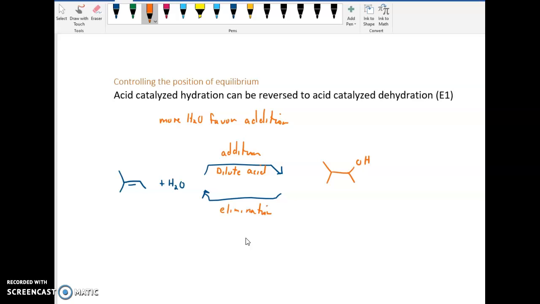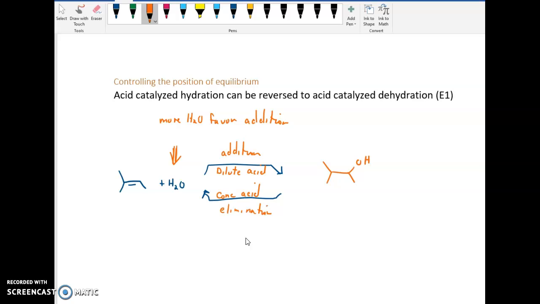If you remember your Le Chatelier's, if you add more of a reagent, you favor the forward reaction. If we remove a reagent, then we'll favor elimination. So elimination is done with concentrated acids.